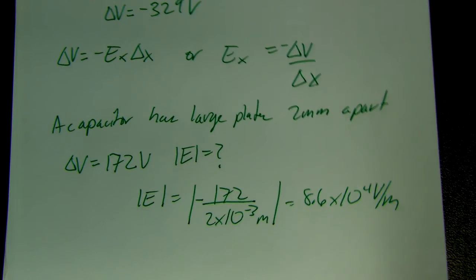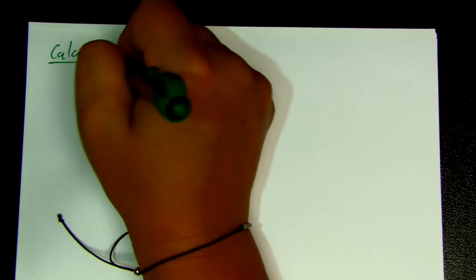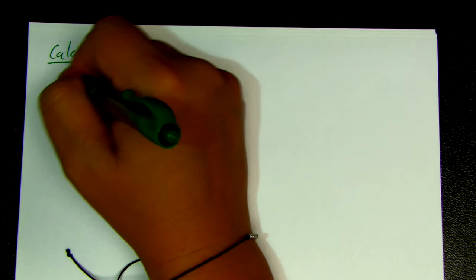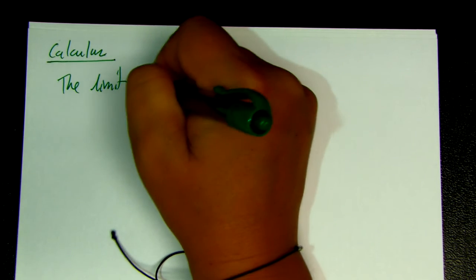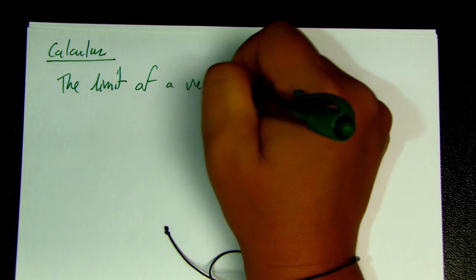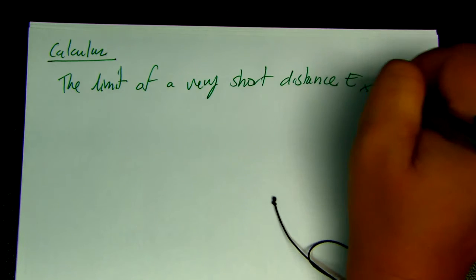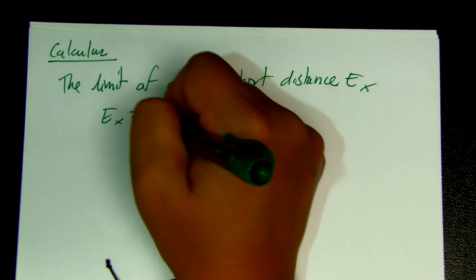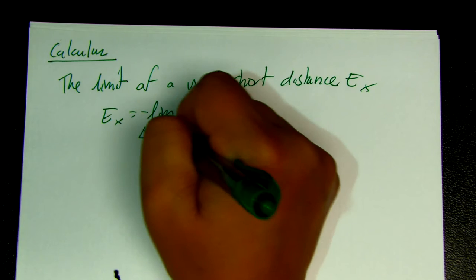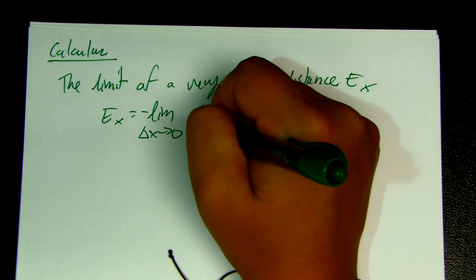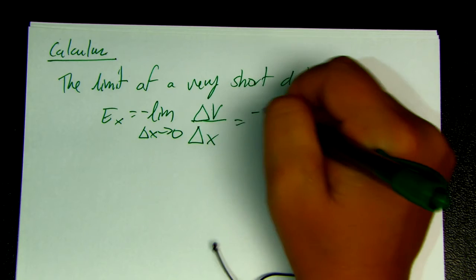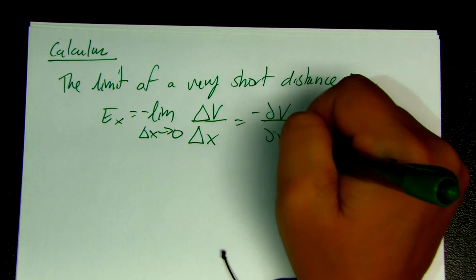So, all right. Now, for the classical class, there is a calculus expression which actually more accurately describes this delta V. So the limit of a very short distance, E sub x is equal to minus the limit as delta x goes to 0 of delta V over delta x, which is minus dV dx.